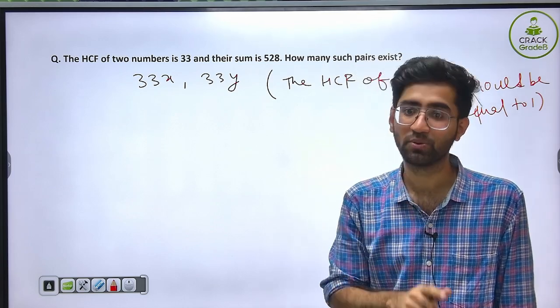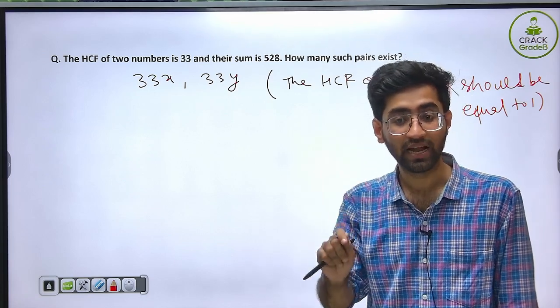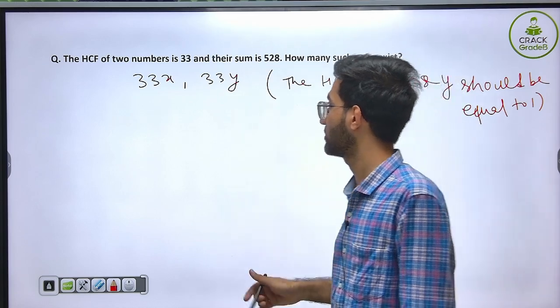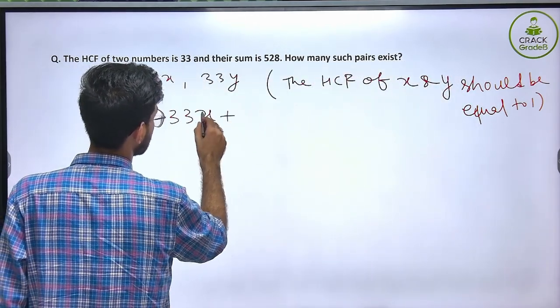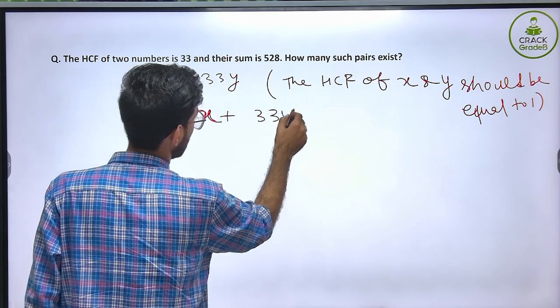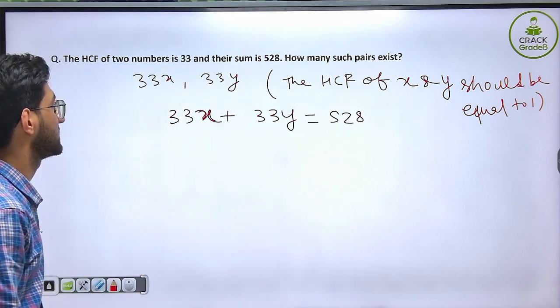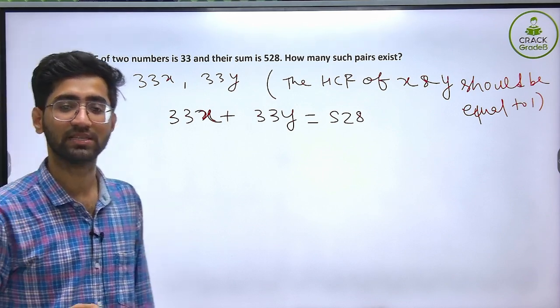So you will have to ensure that x and y can have only HCF 1. Okay, so read the question for now. The question says the HCF of two numbers is 33 and their sum is 528. How many such pairs exist?